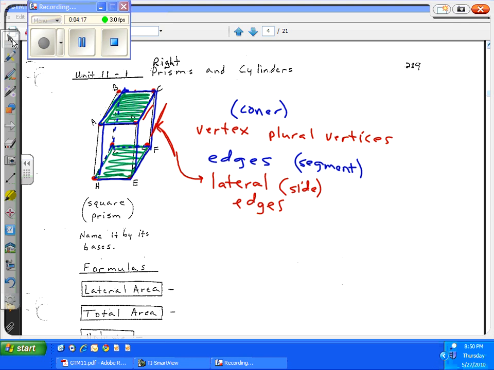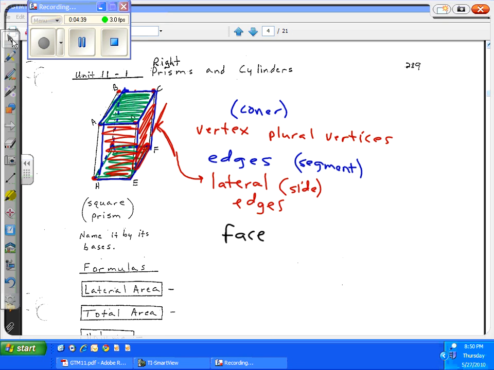A flat surface, which would be like a plane, is called a face. The red going around the side are called lateral faces because it's the faces that make the sides.